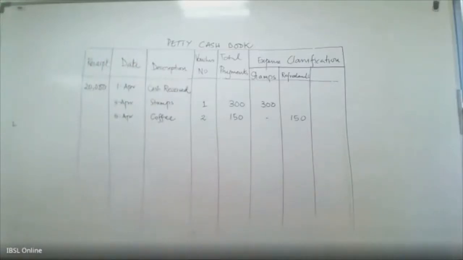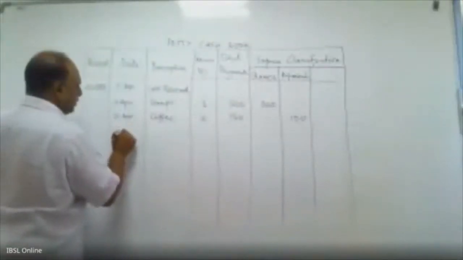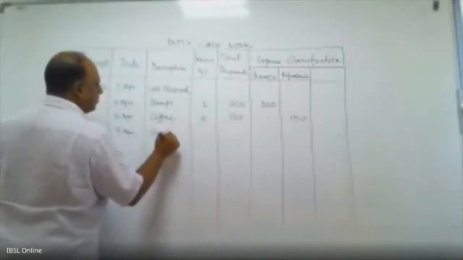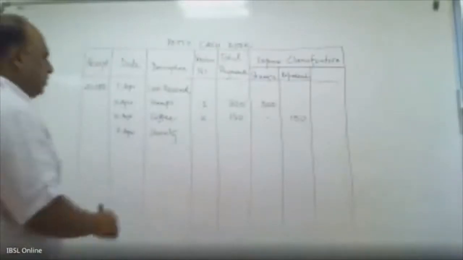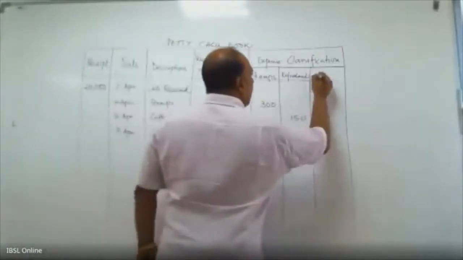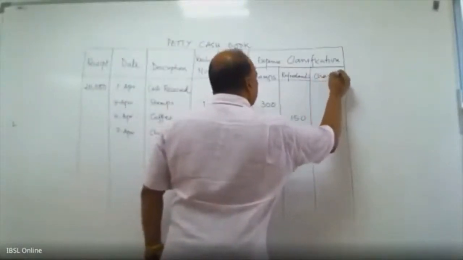Then you had made a smaller kind of donation, for some ticket books or something. You have paid a small donation on 7th of April, which you have named charity. The voucher number, they have given you a ticket book or whatever, 303, and you will open a column called charity.